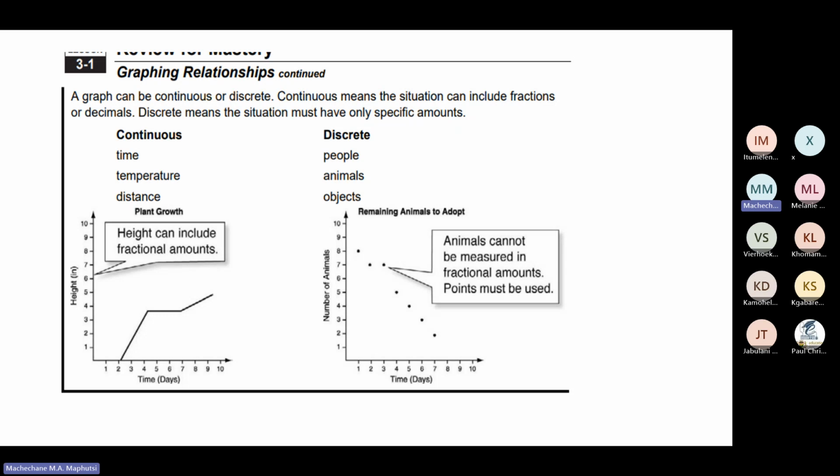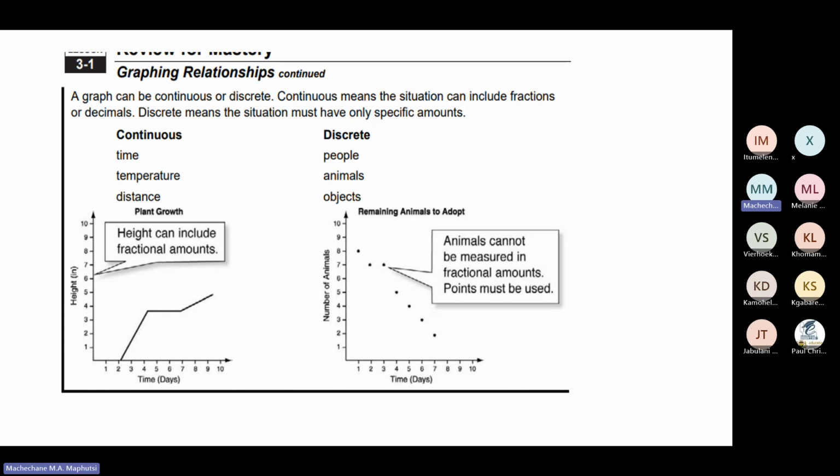For example, if some girls are playing netball, if we count the scores, we can't say 4.5, we'll say 2 points, 3 points, and so on. So if we are counting using whole numbers, then to represent that we use dots. That is a discrete graph. But a continuous graph is shown by a solid line.